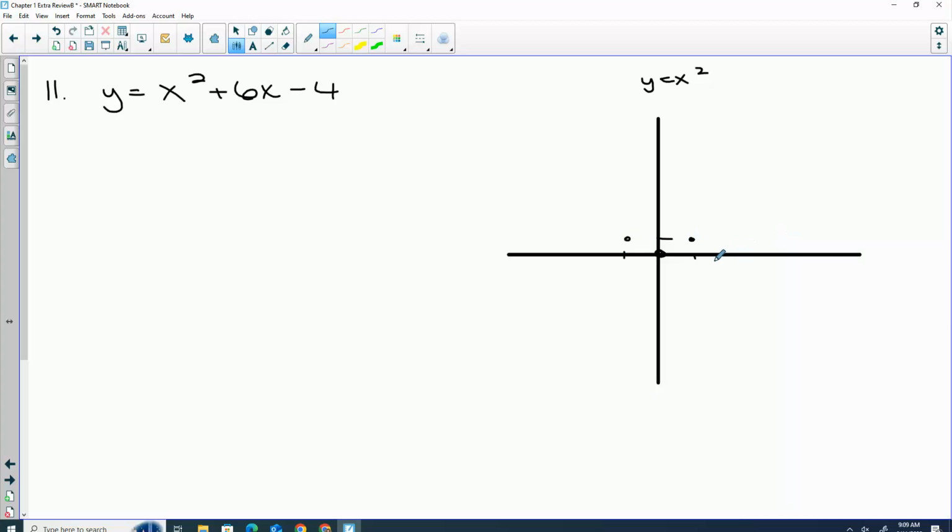That would be enough points. If you wanted more, you could certainly do like 2, 4, negative 2, 4, and get some more. Okay, in order though to tell my transformations, I can't see what I'm doing right now. So what did we do?